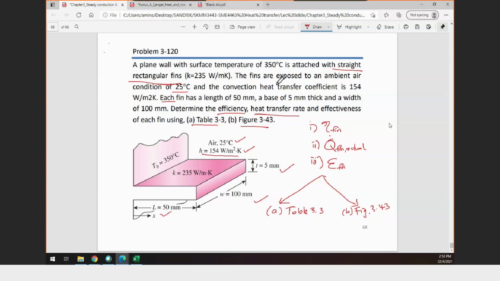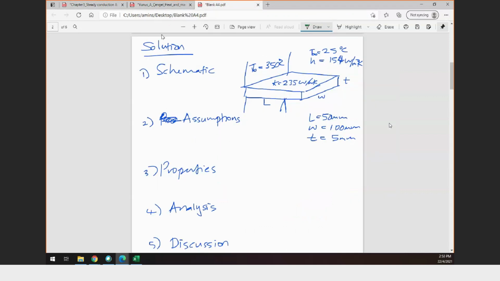Because they did not say that there is a variation of time, we can assume that the condition here is a steady state condition.